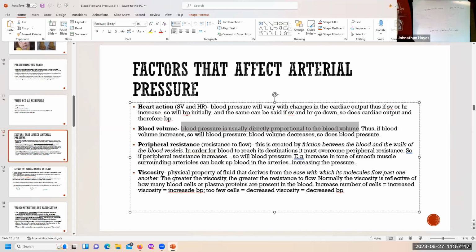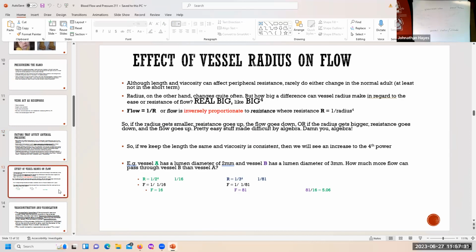But also peripheral resistance gets into it too. How easily is blood allowed to travel through these vessels once you leave the heart? That has to do with peripheral resistance. And the biggest contributor to peripheral resistance is vessel radius or vessel diameter, right? Which we can readily control, which is nice. I can control how hard the heart's working.